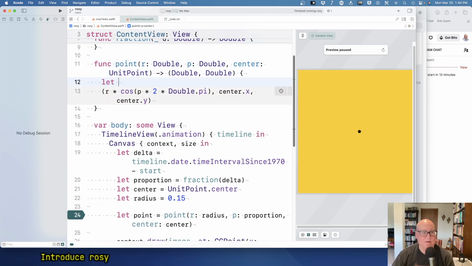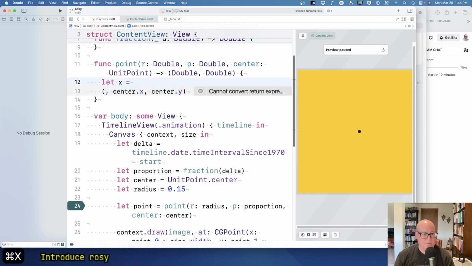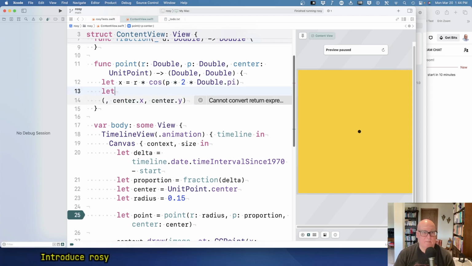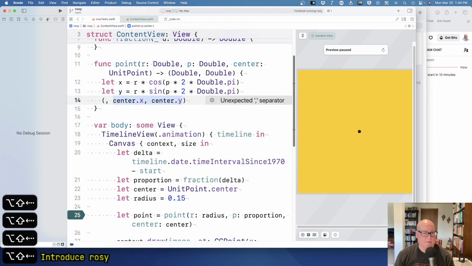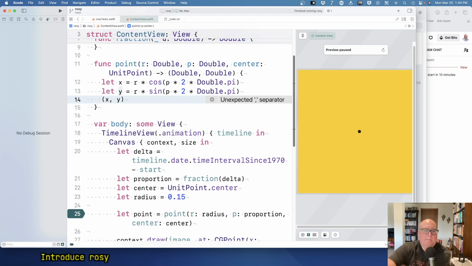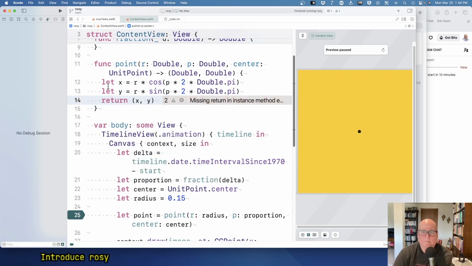Let x equal this. Let y equal that. Oh, we didn't add our center in.